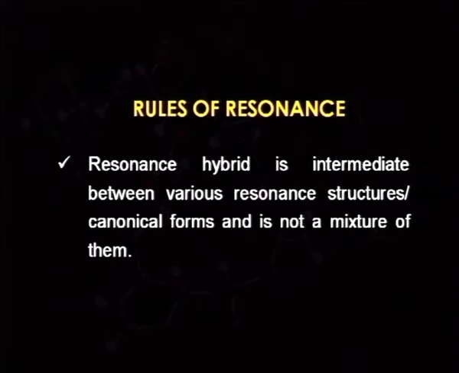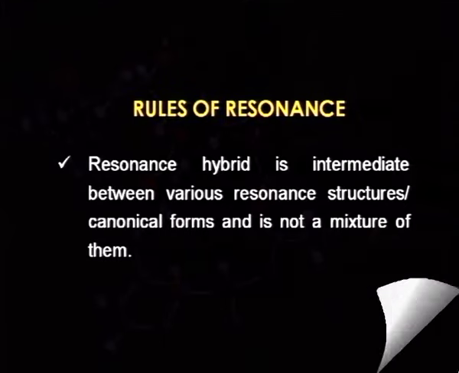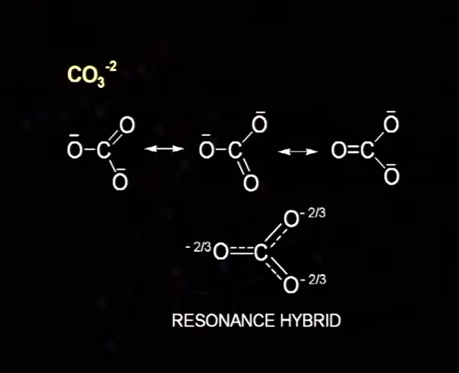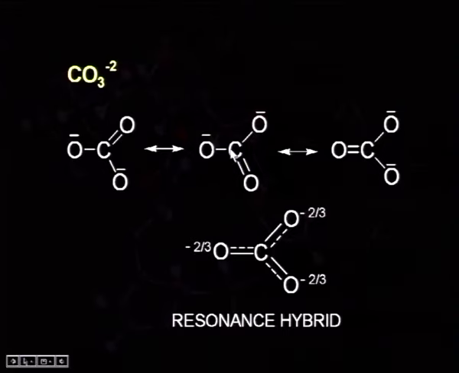Resonance hybrid is intermediate between various resonance structures and it is not a mixture of them. As we can see here in the example of the carbonate ion, these three are the various canonical forms and this is the overall resonance hybrid.